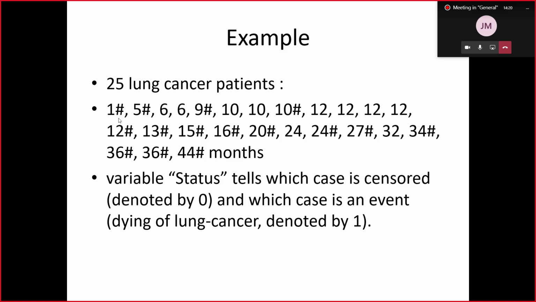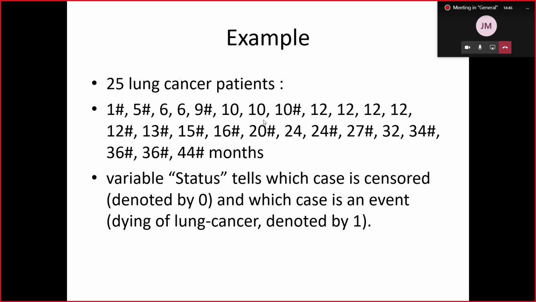Okay, so we have these cases, one who survived for 1, 5, 6, 6, 9, and so on and so forth. So these are the data. Some of them are censored cases, some of them reach the endpoint. Okay, so this is the data set.